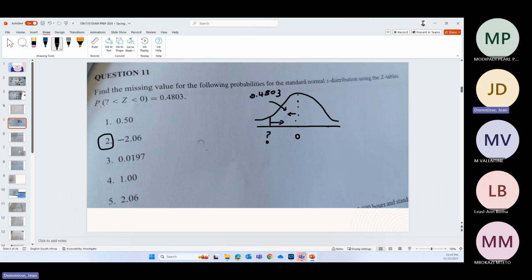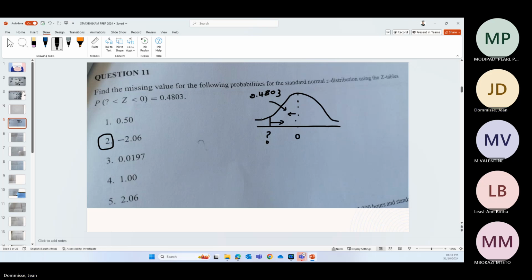Okay, but we are going to also work this out. Again, we're looking for a probability where Z is smaller than 0. So we can't have a probability where Z is smaller than 0 and Z is bigger than 1 or something like that. It needs to be bigger than a negative because we're looking for the area there that is 0.4803.